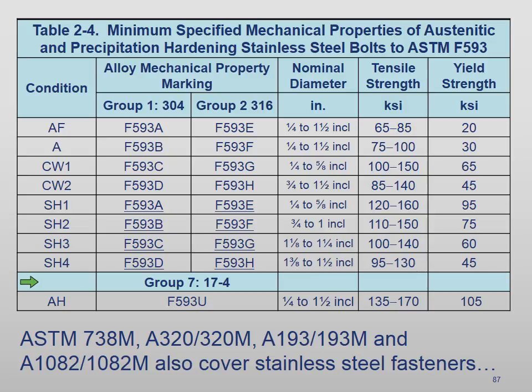Additionally, it includes precipitation hardening stainless steels also, you can see, with very high strength. I just refer again to ASTM A1082, which is a new one that includes duplex fasteners.